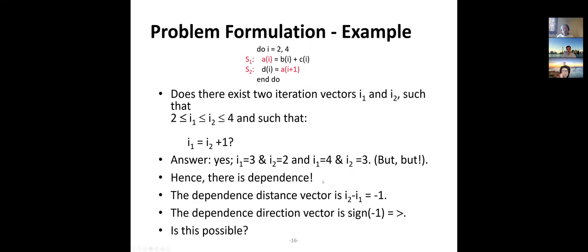And then you get a dependence like that, right? And the dependence distance vector is -1, right? But the question to you is, is this really possible in reality? Can you really have that happen?